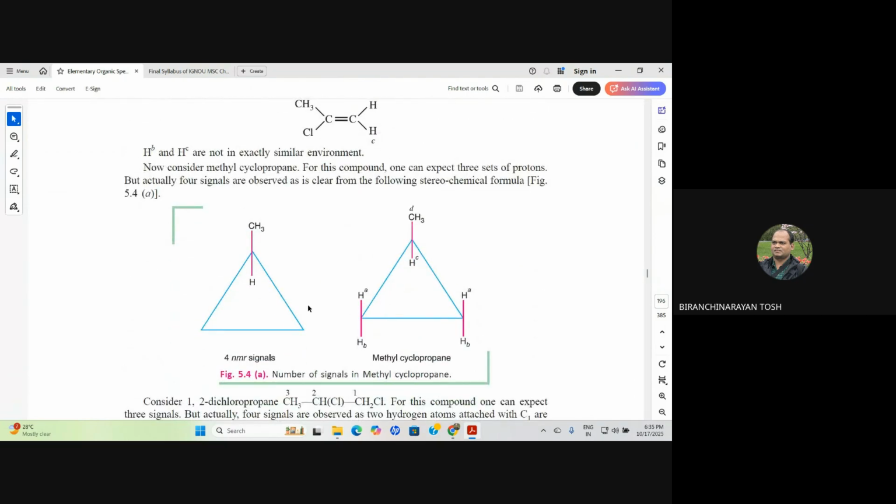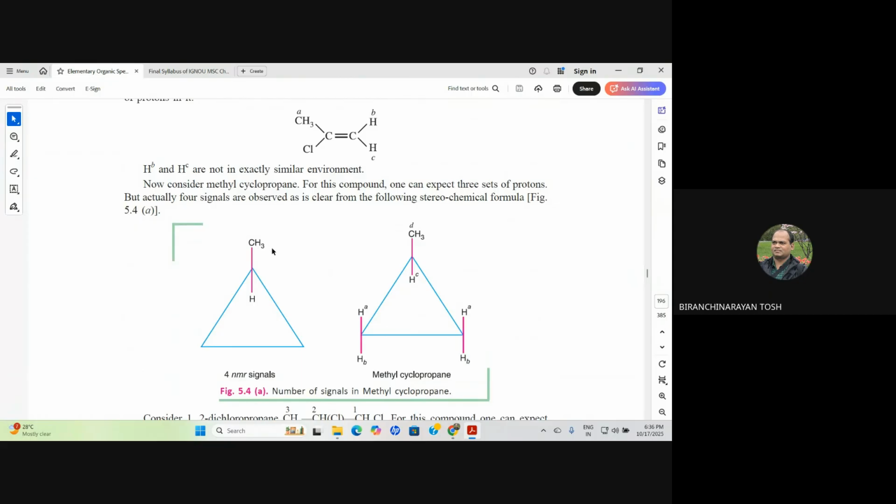Yes, in this case, methyl cyclopropane, how many signals will be observed? For the methyl group one, and for this hydrogen another one, but here two hydrogens are there.